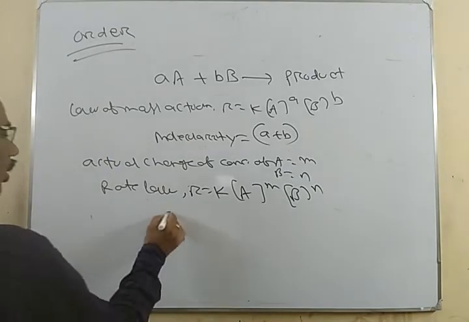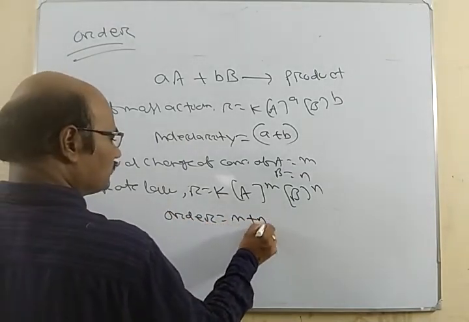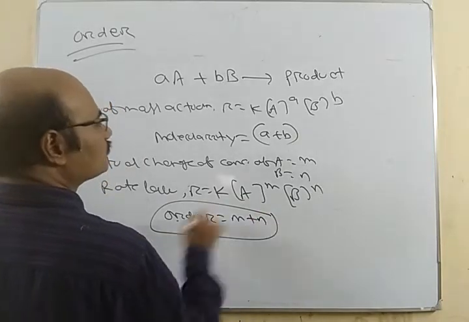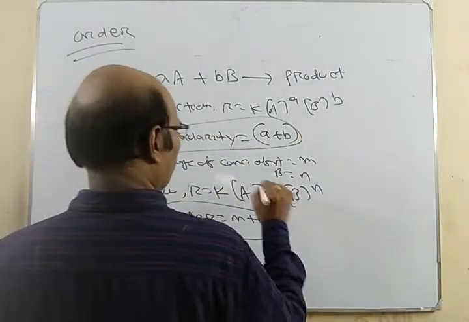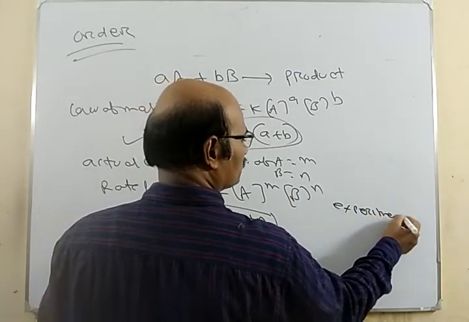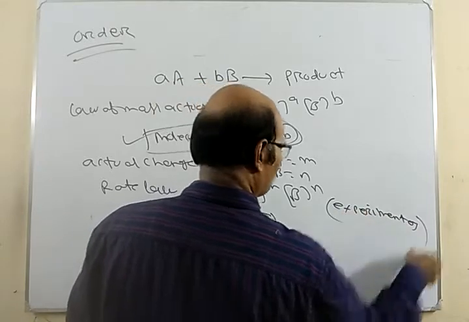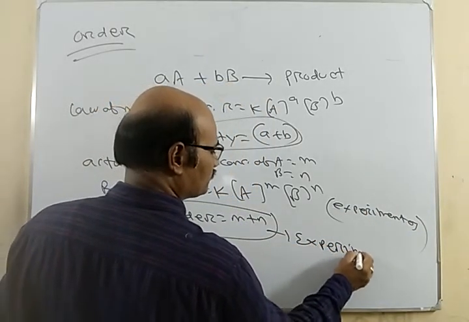So here order equals m plus n. This is experimental.